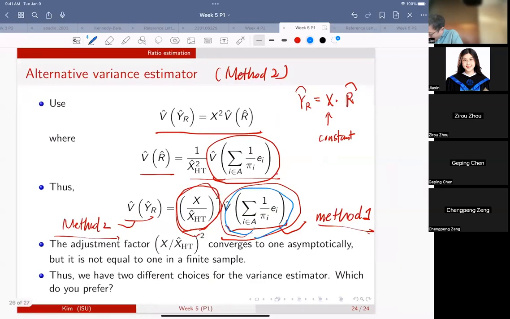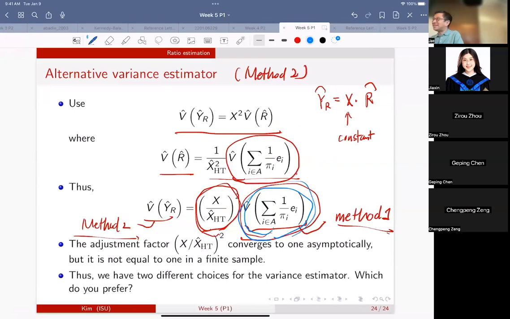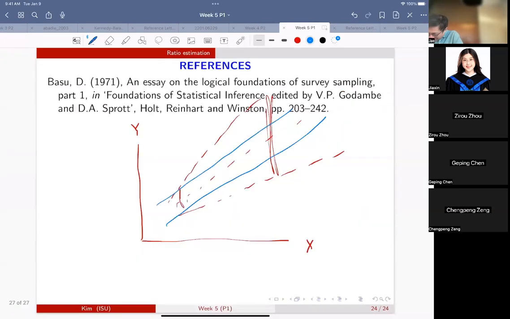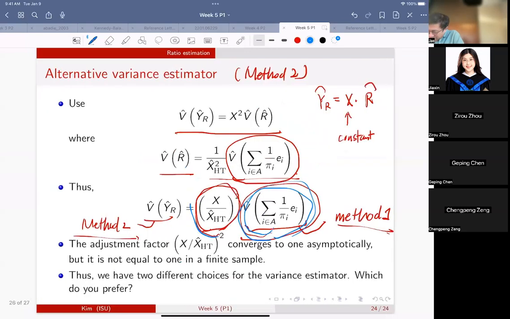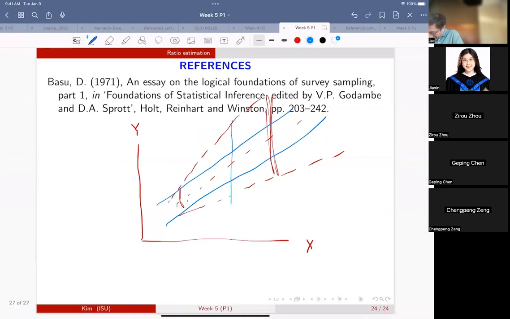This one has nothing to do with the X. It just computed this variance, but the ratio adjustment factor. So suppose this is a mean, right? X bar, and the right side, it actually what? So what is the ratio?